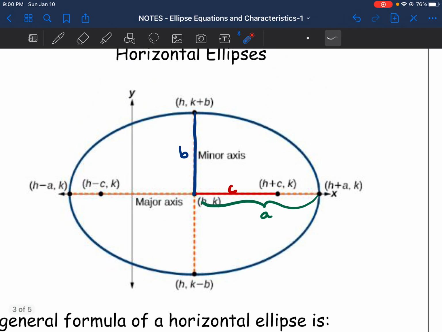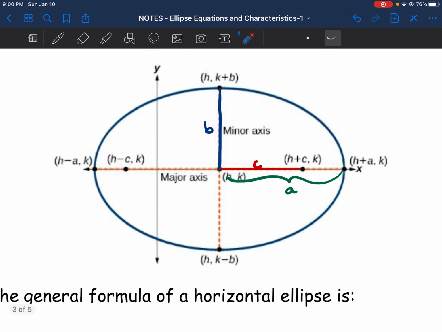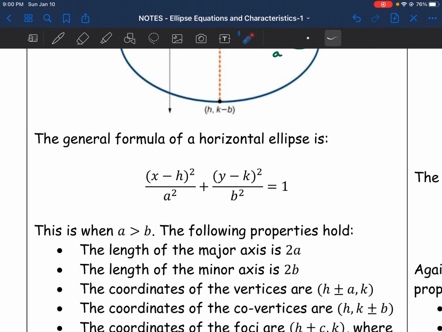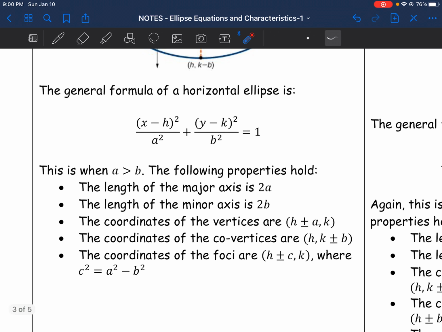So again, all we're doing here is taking h, the x-coordinate of the center, and adding in the distance between the center and the vertex, and that gives us the coordinate for the vertex. Similarly, for the minor axis, from center to a co-vertex, if that distance is b, then the coordinates for the co-vertices are (h, k plus b) and (h, k minus b). So that's what we have right down here.